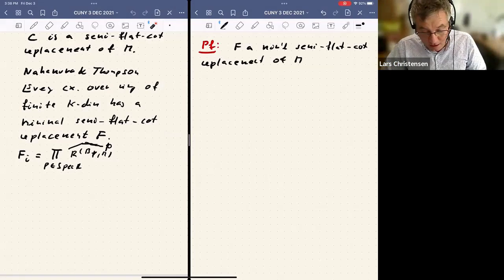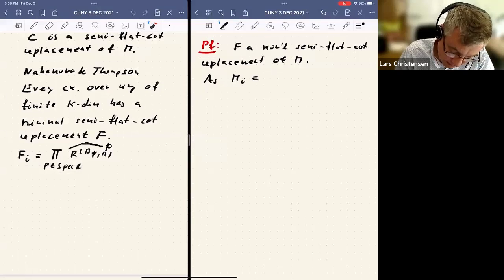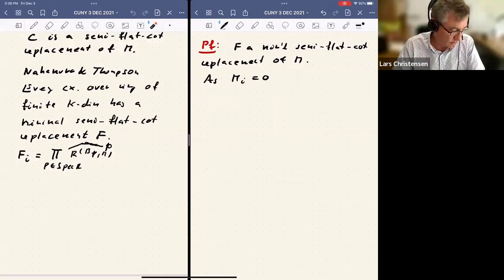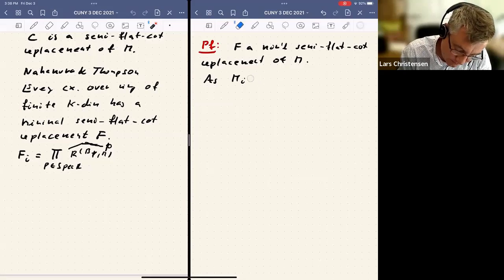Okay, and because Mi is, I can assume that Mi is 0. On one side, which side is it that I want? Yeah, let's set S to be the supremum.